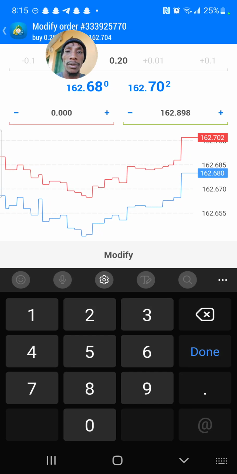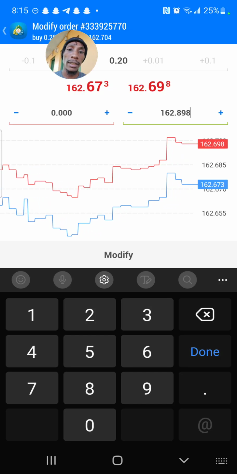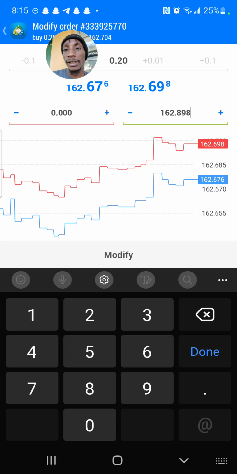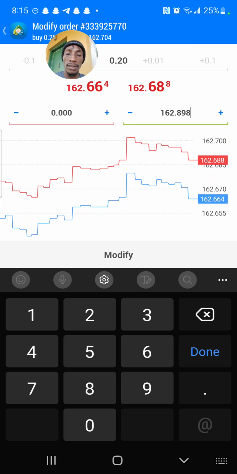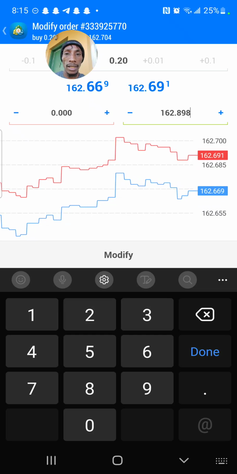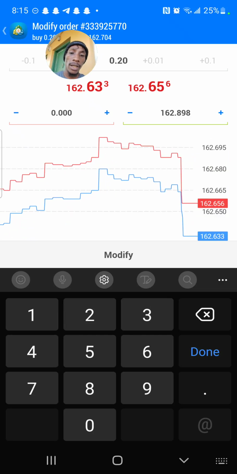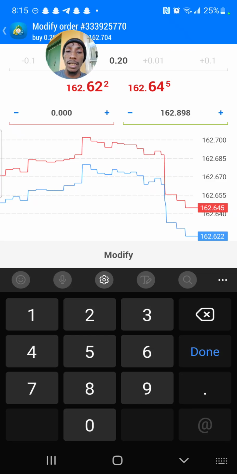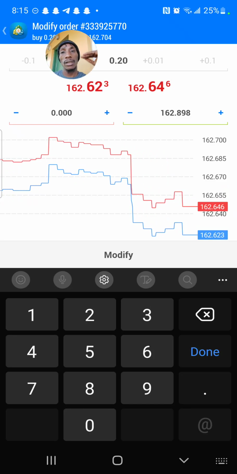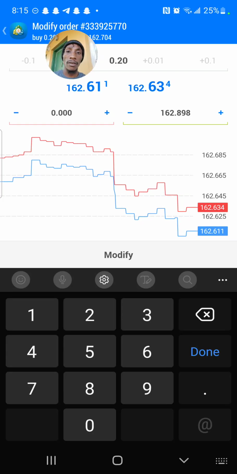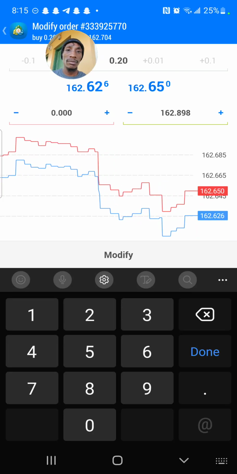So if you say, you know what, I have a $100 account, so I'm gonna trade points or cents. If I lose 10 cents or $10, I don't want to lose any more than that. So you just put the stop loss, and whenever you reach that number, it just takes you out automatically. It's pretty easy.